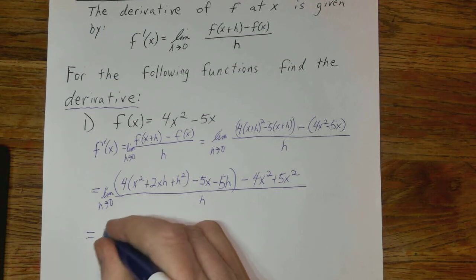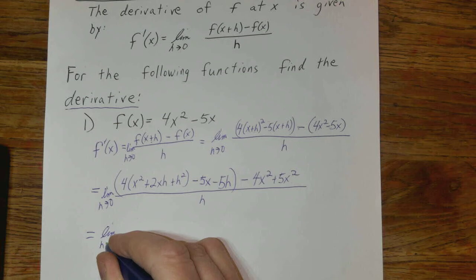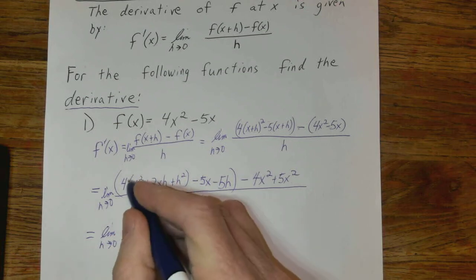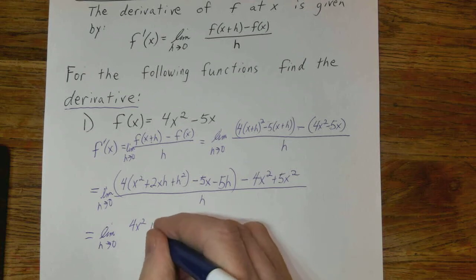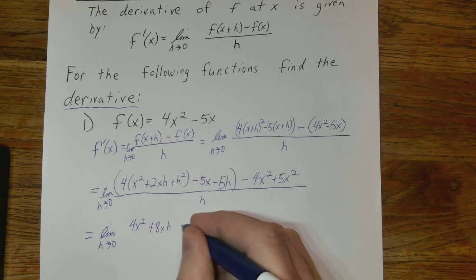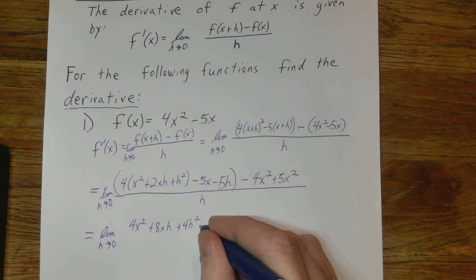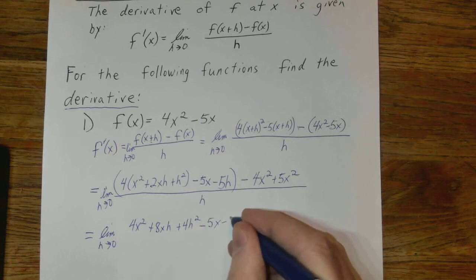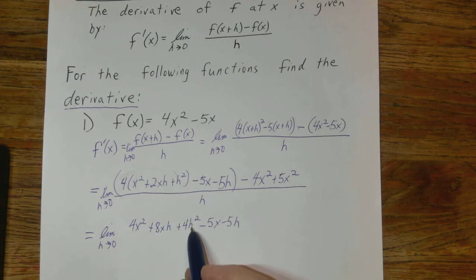Let me write one more step and then we'll start combining stuff. I don't think I need parentheses anymore. 4 times x squared plus 8 times xh plus 4 times h squared, and then minus 5x and minus 5h. So I distributed the 4 for those three terms.